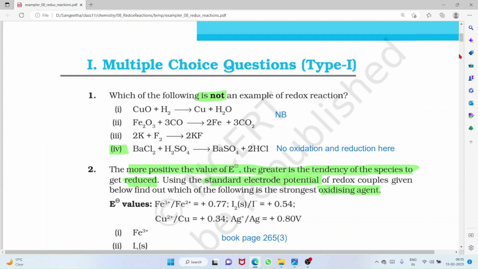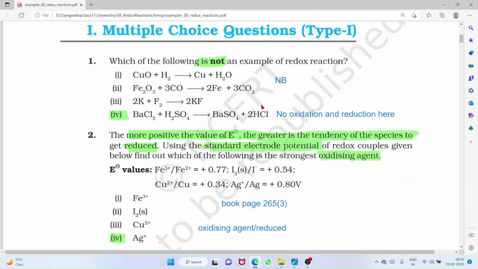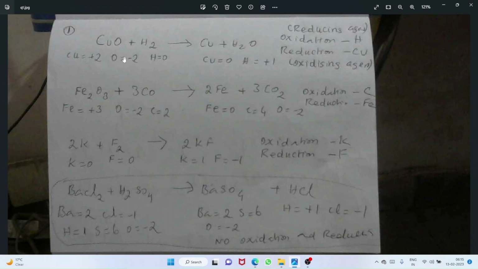Now you will see these multiple choice questions. Which of the following is not an example of a redox reaction? So this is the first reaction.